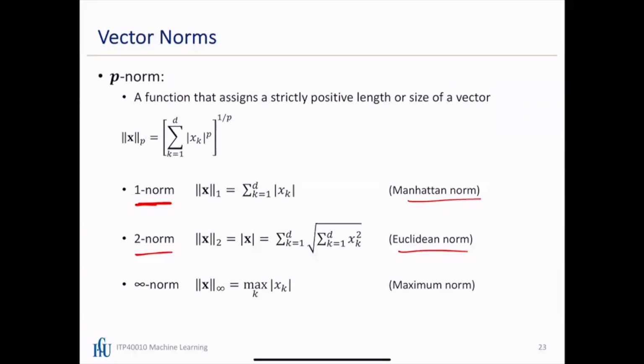And there are the three norm and so on. Basically, it is generalized as the P norm. There is another special case, the infinite norm, which is basically taking the maximum value out of the vector elements. Each of these has some special meaning, and depending on the meaning, you can utilize them in different contexts in machine learning.